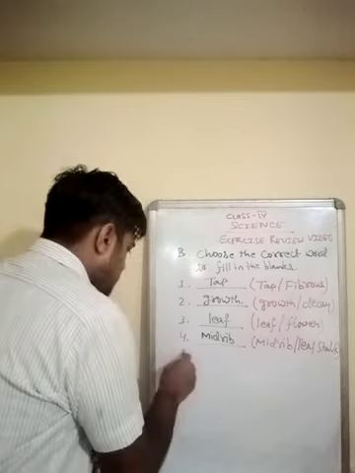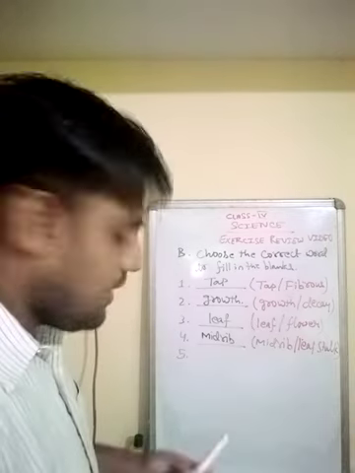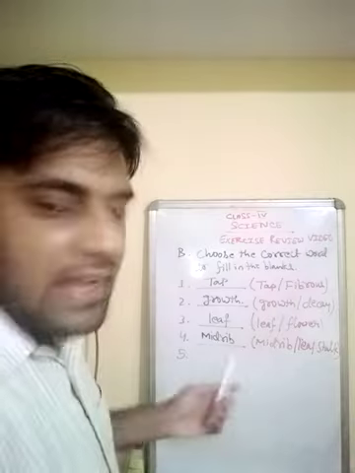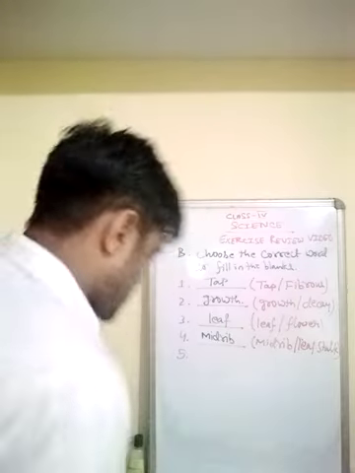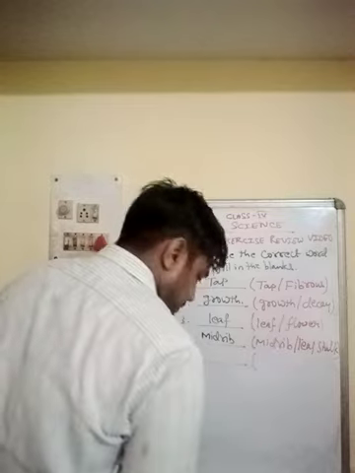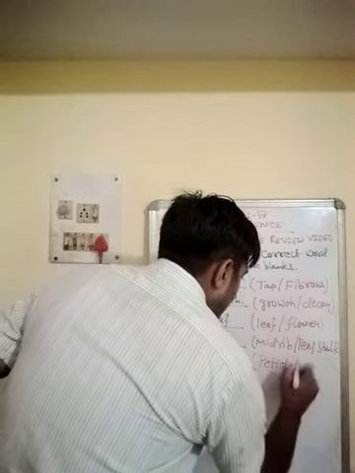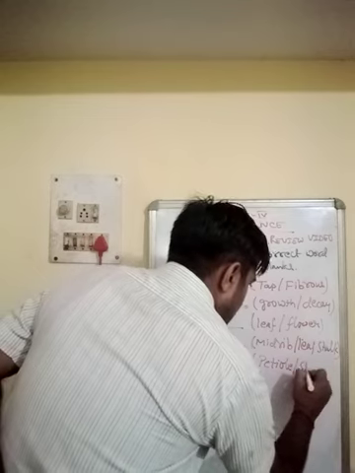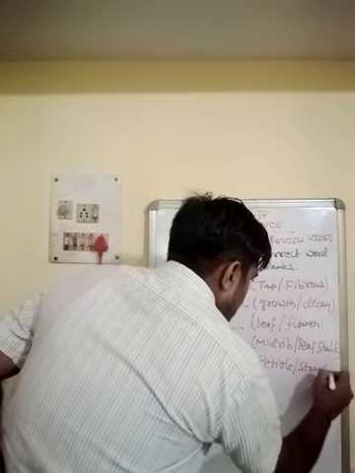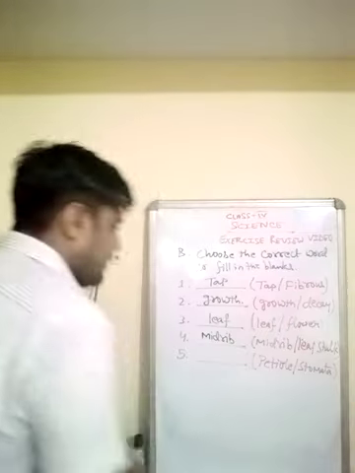Then you have your fifth question. The dash attaches the leaf to the stem. Options are petiole and stomata.